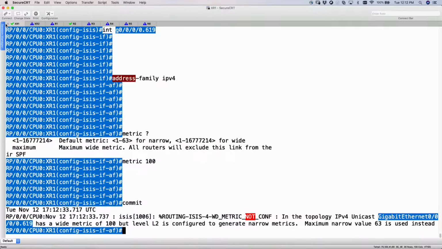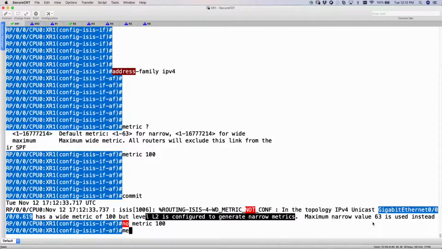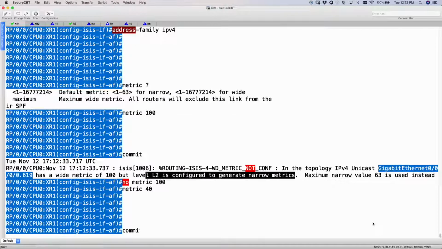I gave a value greater than 63, but level 2 is configured to generate narrow metrics, which means that I cannot give a metric higher than 63. So let's remove that, and re-give the metric to be maybe 40 and commit.